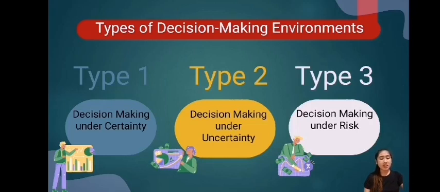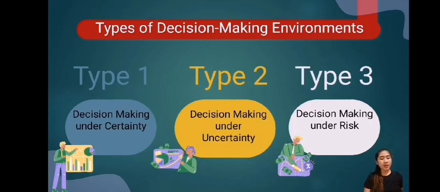In this environment, decision makers have certainty about the consequences of every alternative or decision choice. In this type of environment, the decision is usually relatively straightforward. So they will choose the alternative that will maximize their well-being or result in the best outcome.